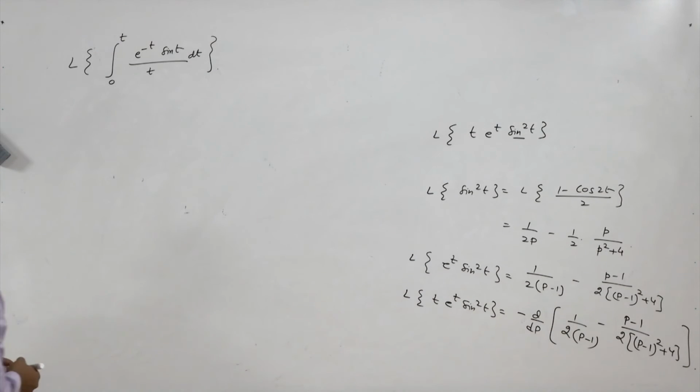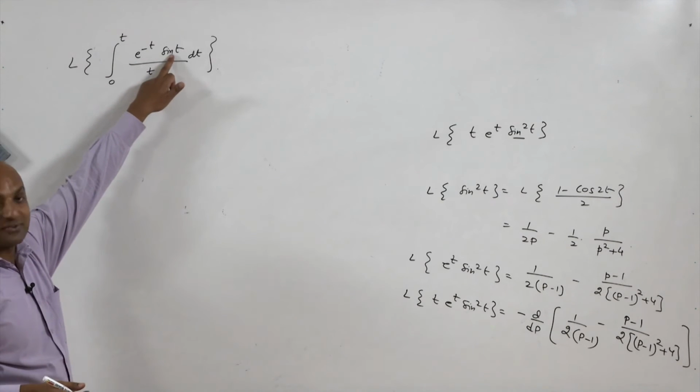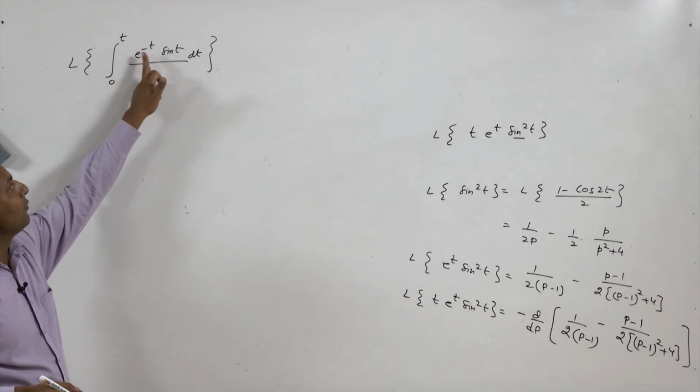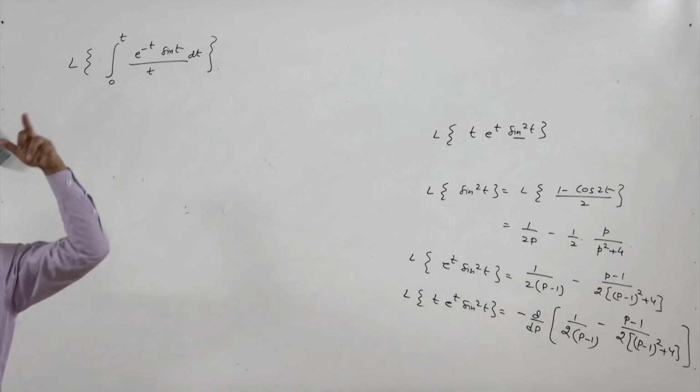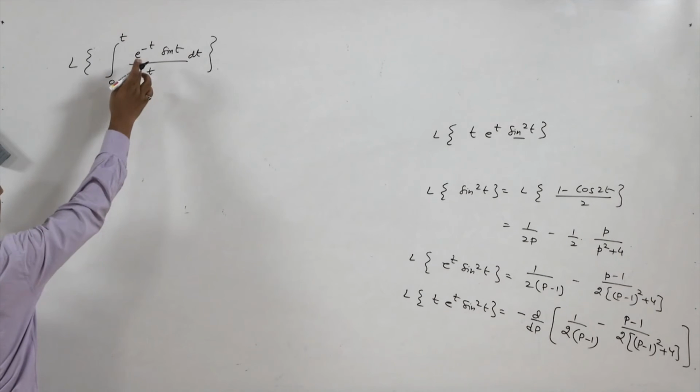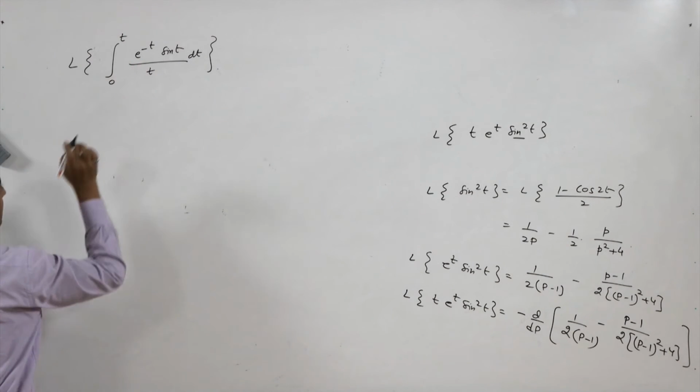Okay. So, it involves so many things. First we have to find out Laplace of sin t. Laplace of sin t is 1 upon p square plus 1. For e to the power minus t, you have to apply shifting property. You replace p by p plus 1, because a here is minus 1.